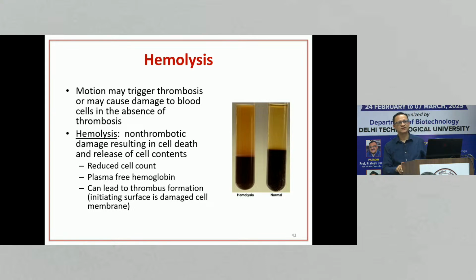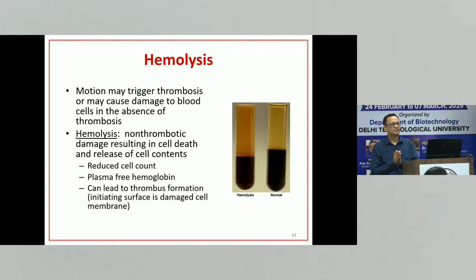Okay, so another thing when we work with surfaces, because we are going to start going into biomaterials, medical devices and clot formation. Another thing to keep in mind is hemolysis, which is basically rupturing of red blood cells.